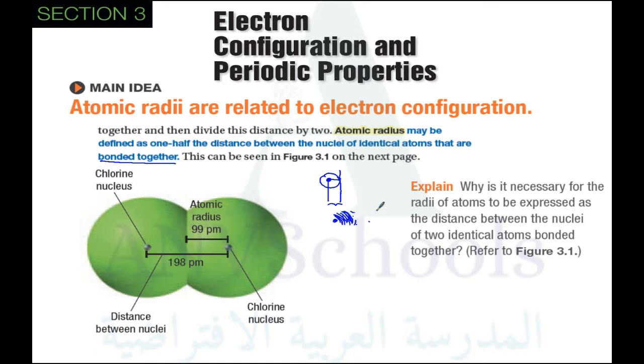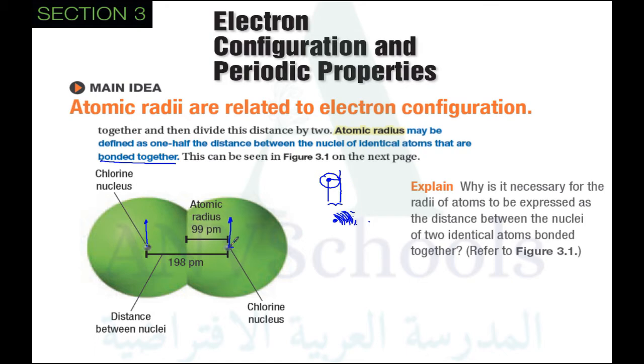But the best way of measuring an atom is simply the distance between the nucleus of one and the nucleus of the other, divided by 2, because half the distance between the two nuclei of the atoms we call atomic radius.